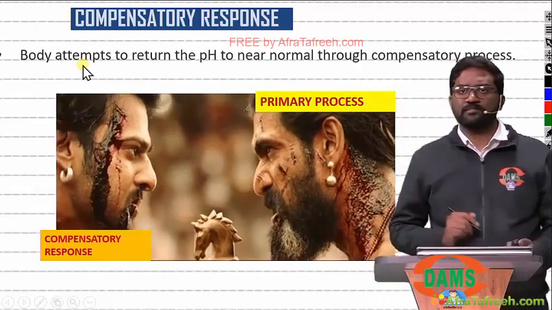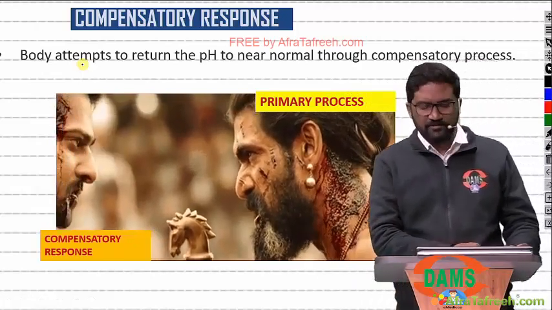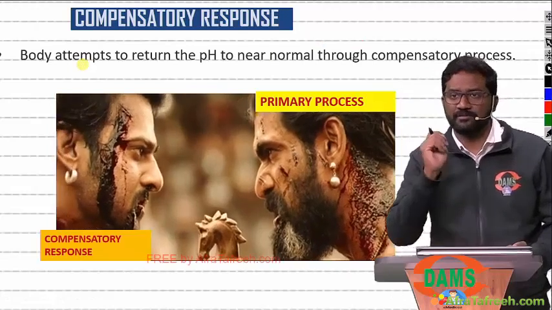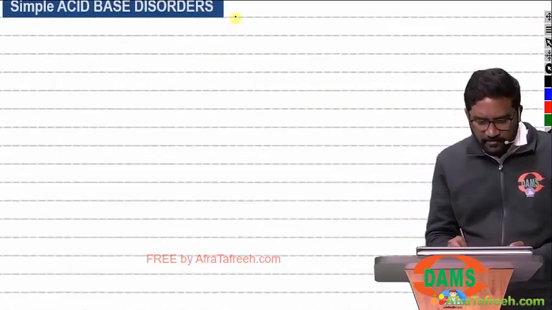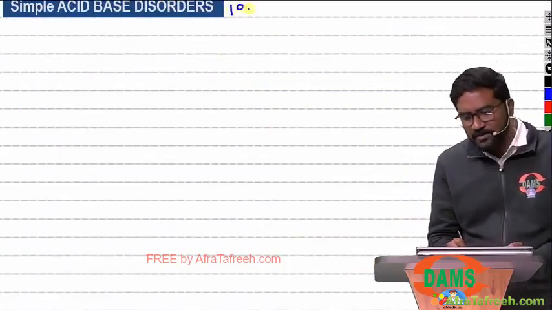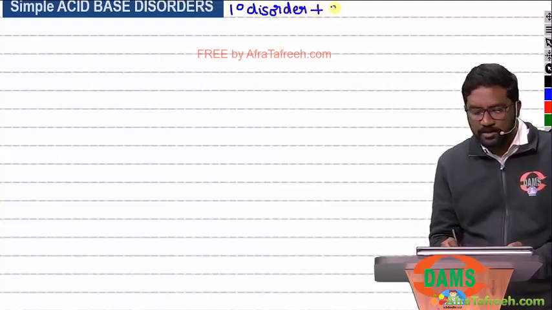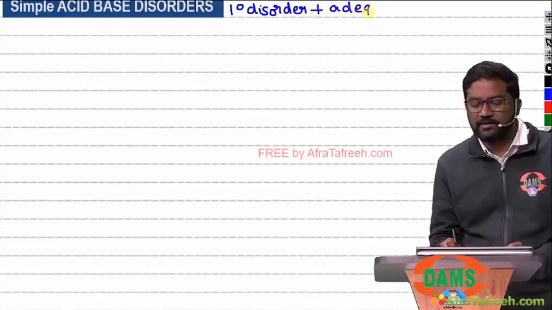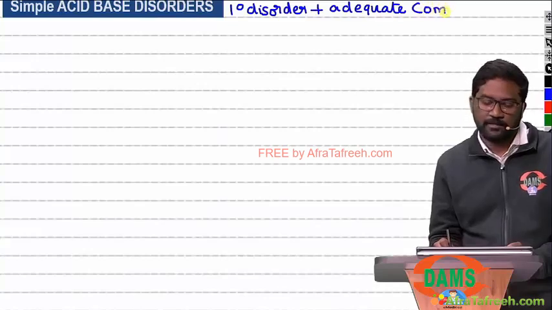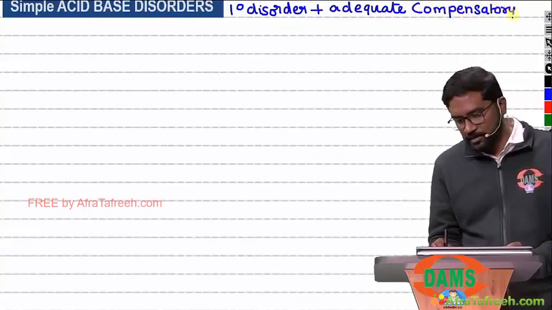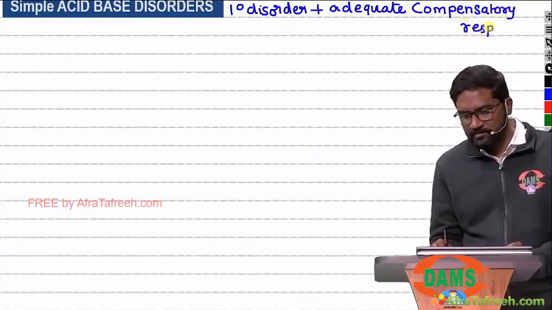Now let us see with this concept what is meant by simple acid-base disorder. Simple acid-base disorder means there will be a primary disorder, and to that, your body will generate an adequate compensatory response.